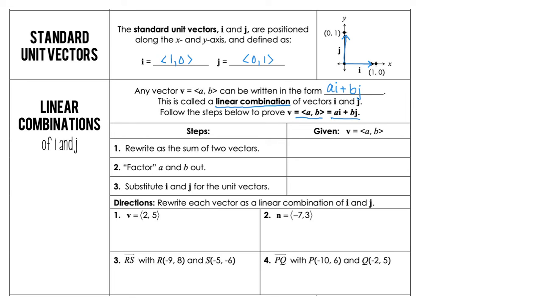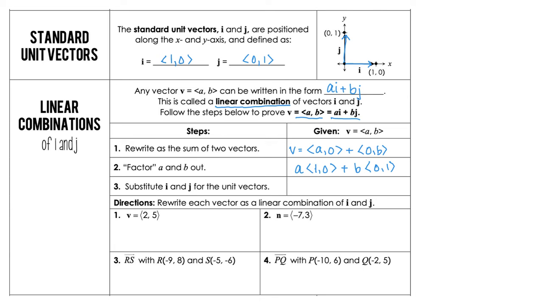Let's say you have vector V, that's going to be equal to A comma 0 plus 0 comma B. And then factor out A and B. So in other words, I'm going to factor out A, and that's going to be 1 comma 0 plus, and I'm going to factor out B here, and so that's going to be 0 comma 1.